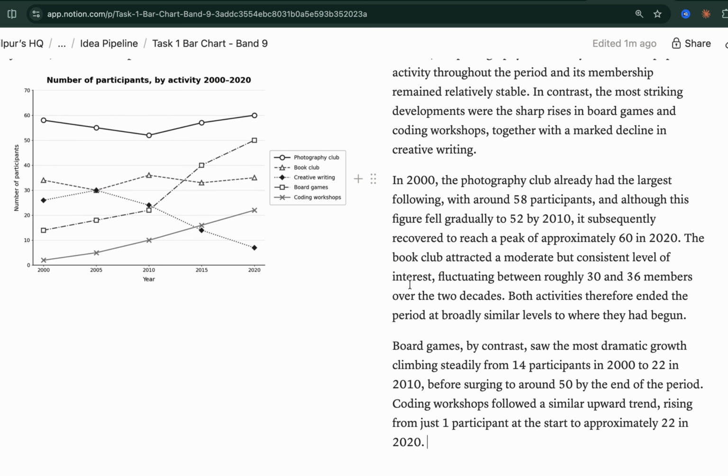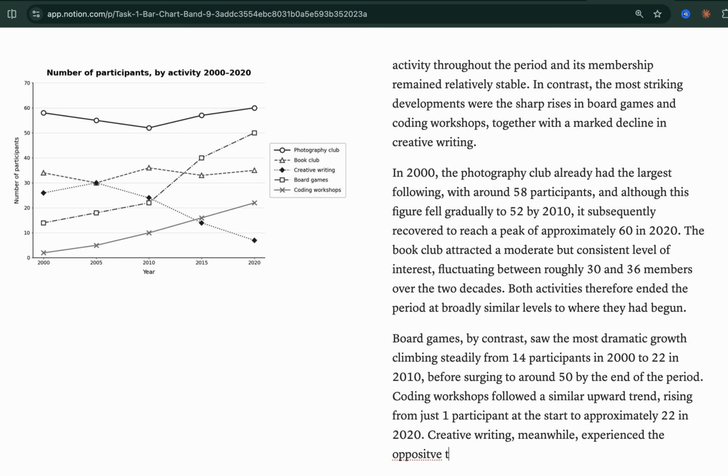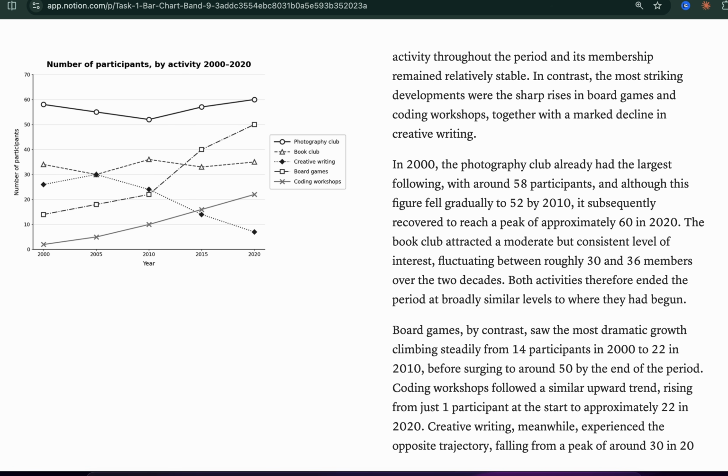And finally, the only club that declined in members, creative writing. Creative writing, meanwhile, experienced the opposite trajectory, falling from a peak of around 30 in 2005 to only 7 by 2020.